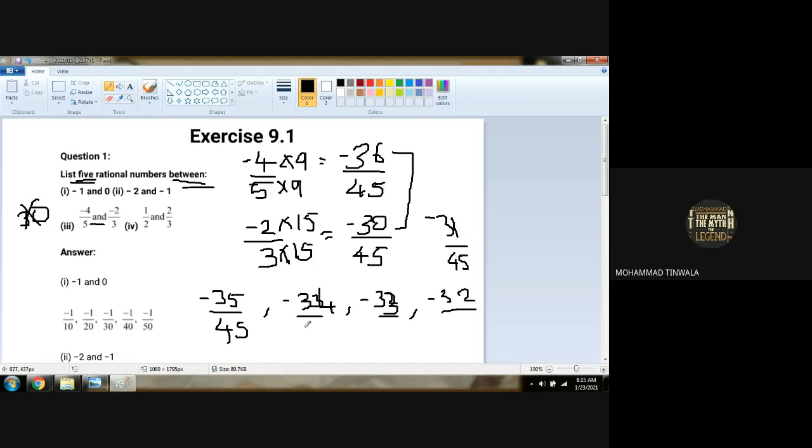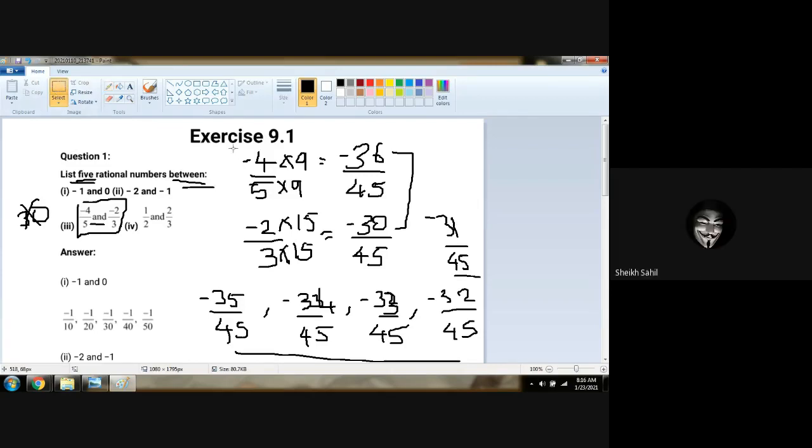Understood? You got the 5 rational numbers. Am I right or wrong? Right. Did you understand what I did? So at the end you have to write, therefore, and after writing this you have to place these 5 rational numbers between the two numbers.